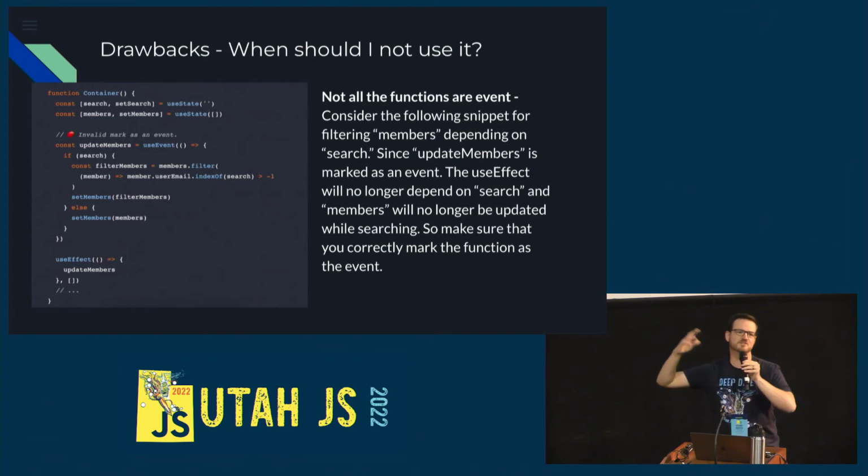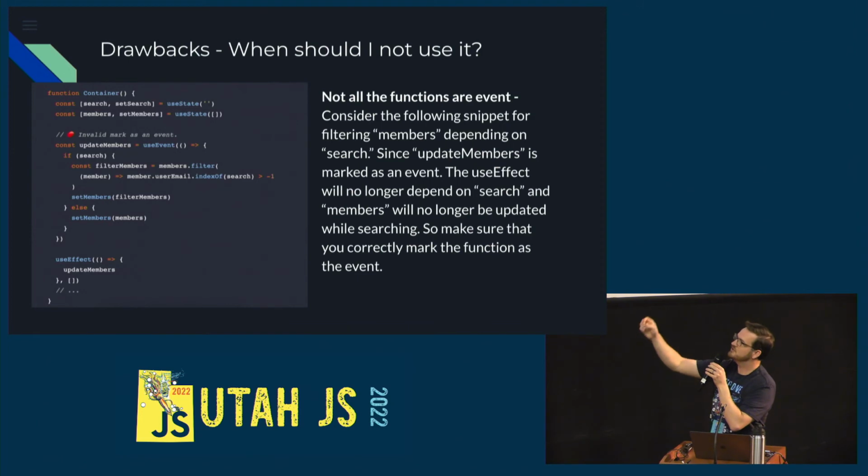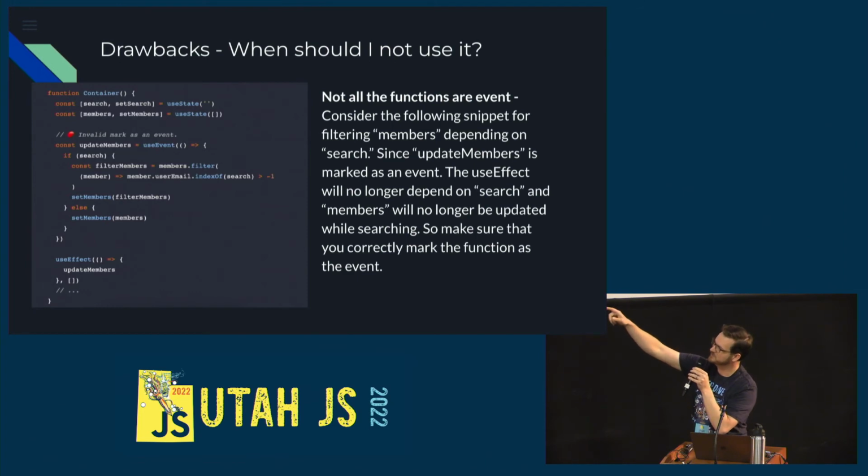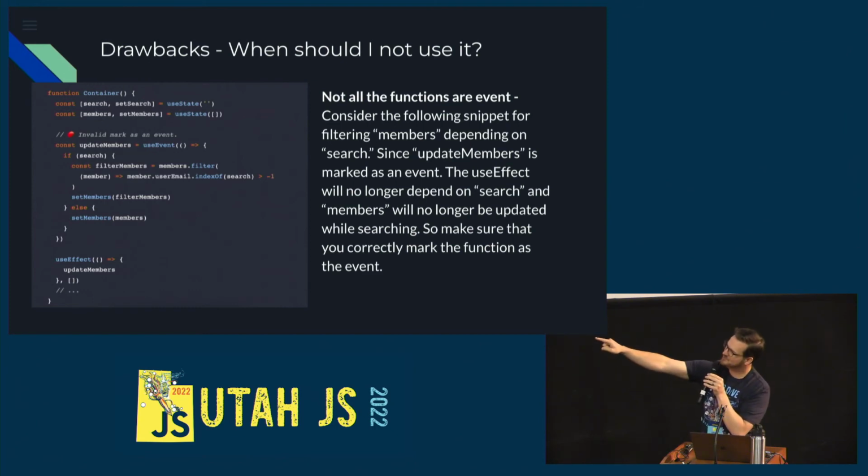We're thinking, okay, we can strip everything out of our useEffect and put it inside of a useEvent. No. The reason why is that though the update members function is going to get the updated search parameters, it will only trigger the one time because the dependency array for that useEffect at the bottom is empty.